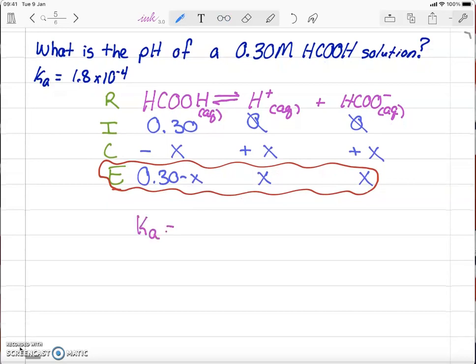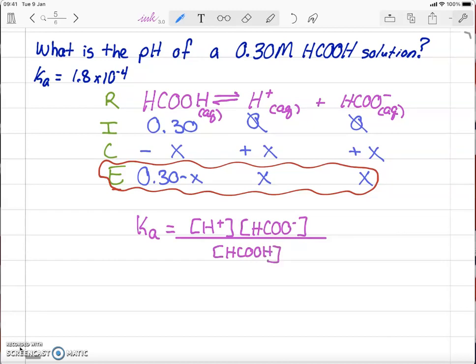Ka, because it's an acid, is equal to, just like we write any other equilibrium expression, the concentration of the products over the concentration of the reactants. Now that we have our K expression, it's just a matter of plugging it in.